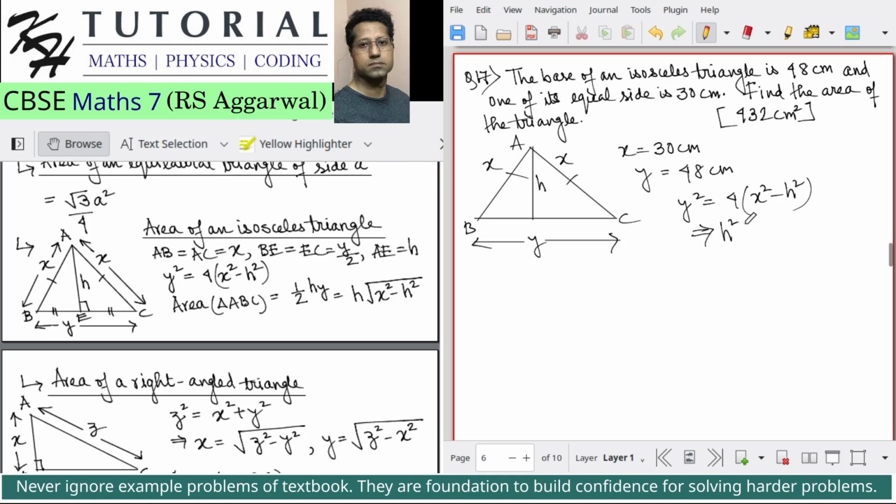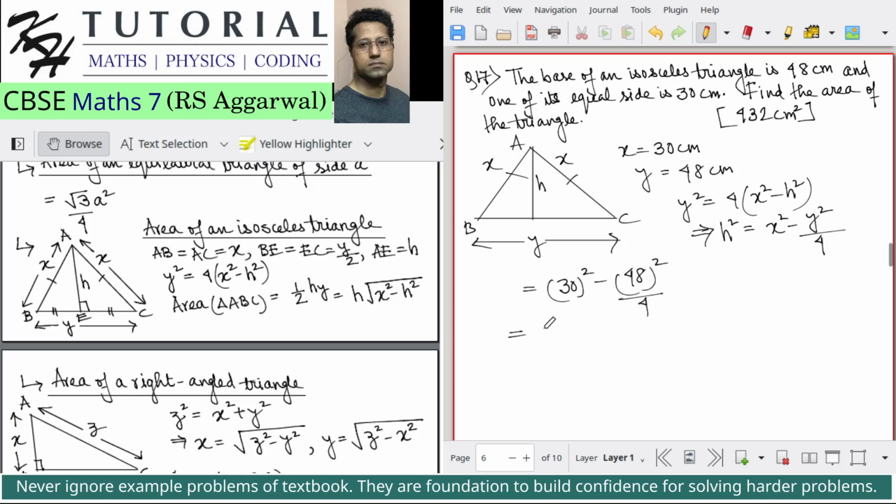So h square will be equal to x square minus y square by 4. So this is equal to, x is 30 square minus y square, 48 square by 4.